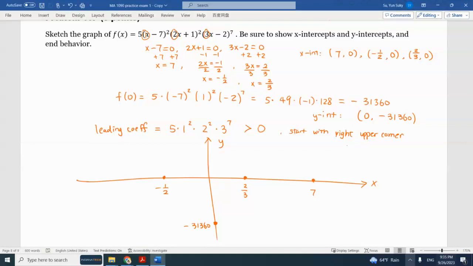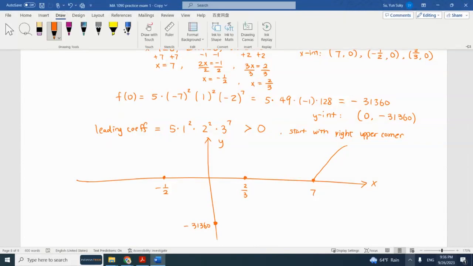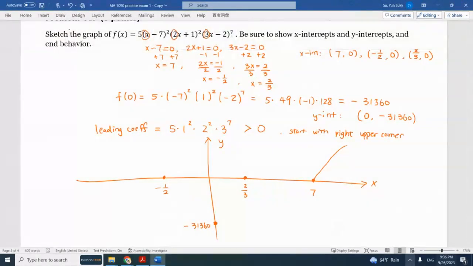So start with right upper corner. And when you reach 7, then you look at 7. 7 is the factor x minus 7. Do you see the multiplicity is 2? 2 is even, so we bounce. And then 2/3, where is 2/3? Here.